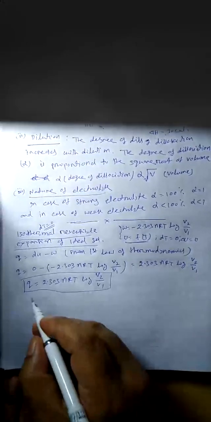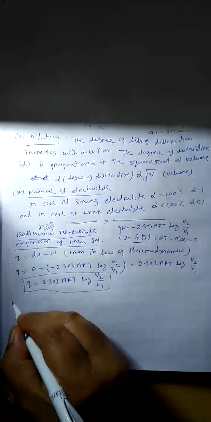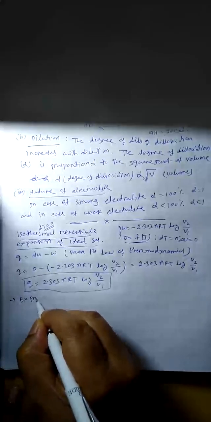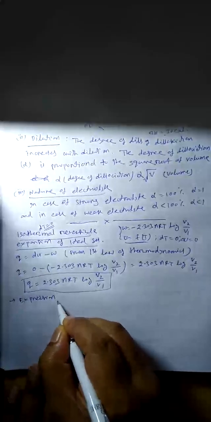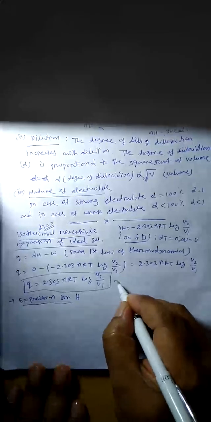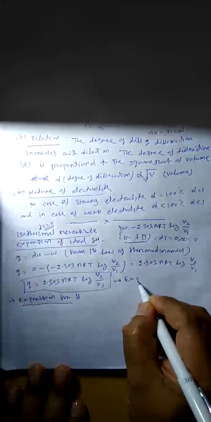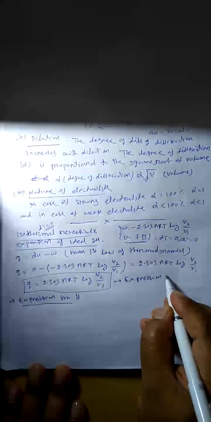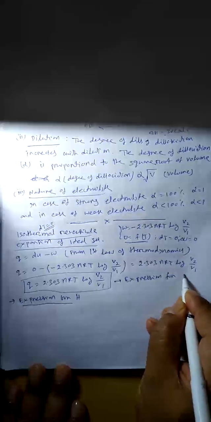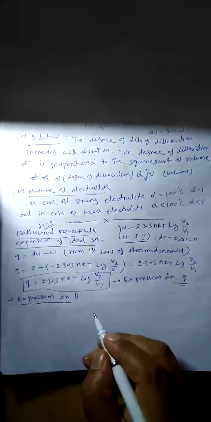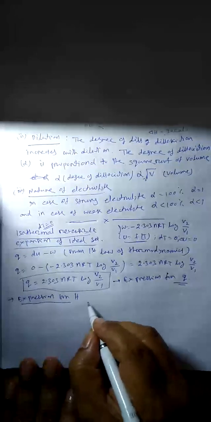Now next is the expression for H, enthalpy. This is the expression for Q, heat. Now we have to discuss the expression for H. What is the formula for H?